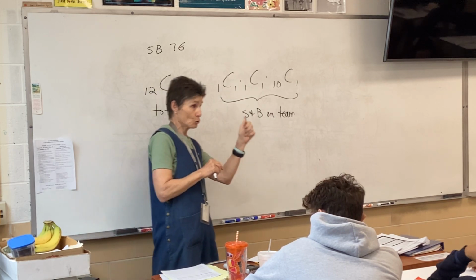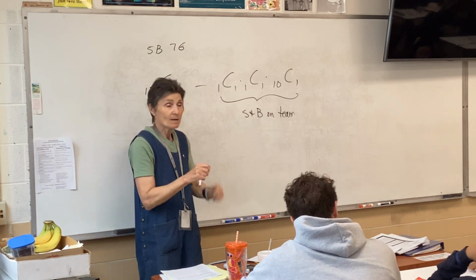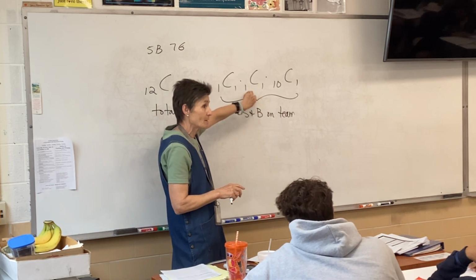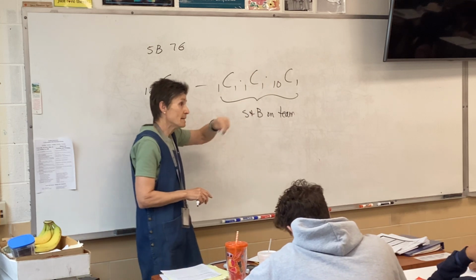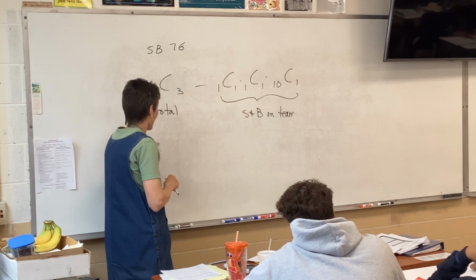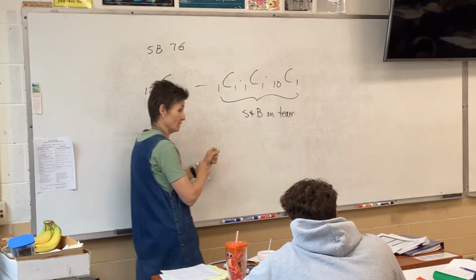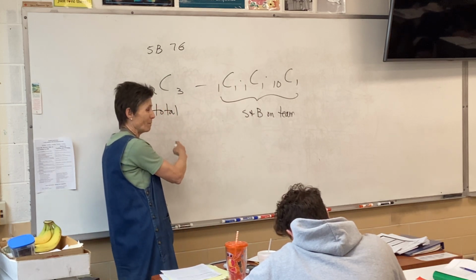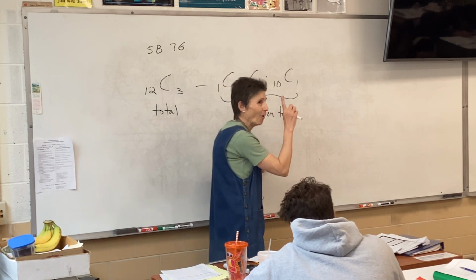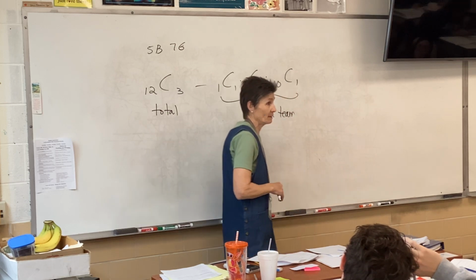Now, can Susie be on the team? Yep. Can Billy be on the team? Yep. The only requirement is they can't both be on the team. So there we go. Now, your other option is to say, okay, I can build a team with Susie and no Billy, I can build a team with Billy and no Susie, or build a team with neither one, and then add all those possibilities up.